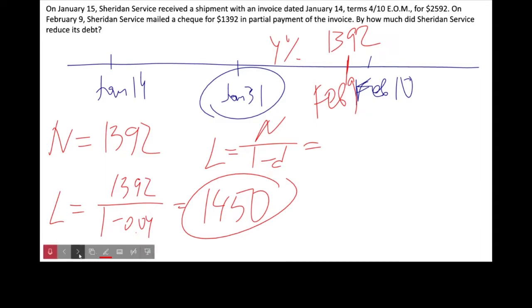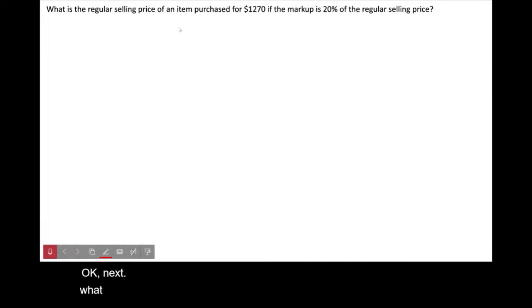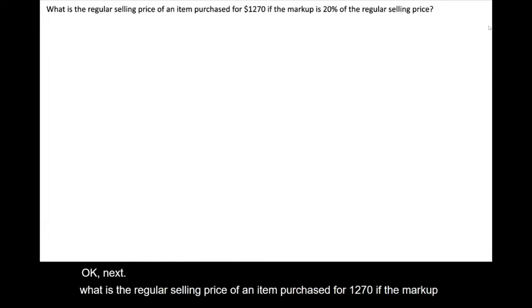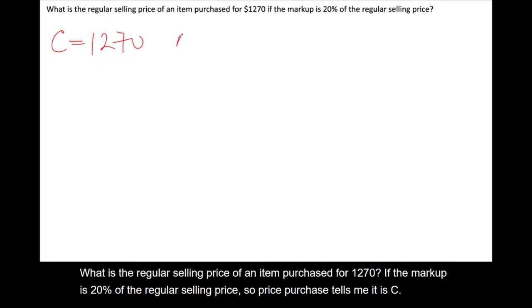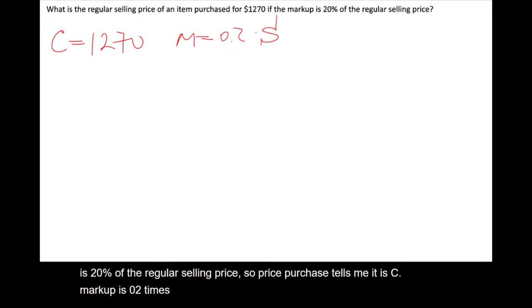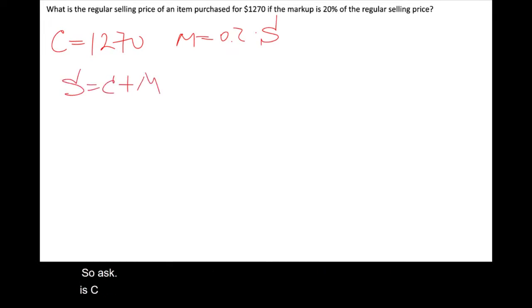Okay, next. What is the regular selling price of an item purchased for $12.70 if the markup is 20% of the regular selling price? So the price purchased tells me it is C. Markup is 0.2 times S, right? So S is C plus M. So let's plug in the values I know.